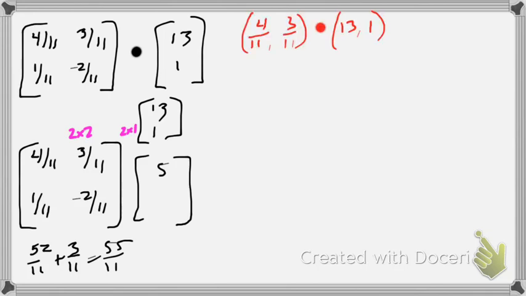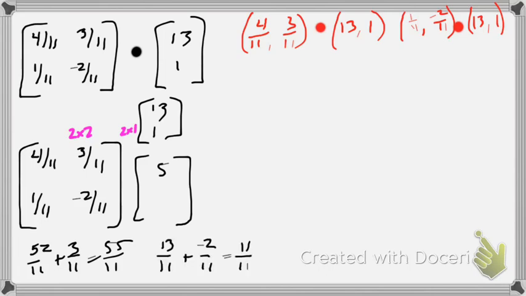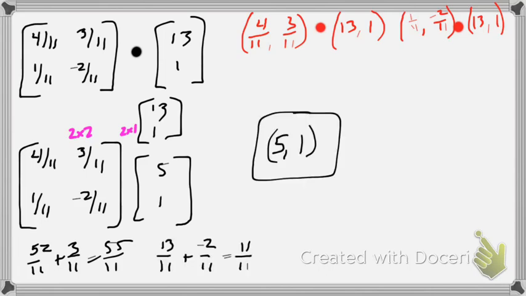Okay, so the dot product, if you want to see it, was that, up in the red. The second dot product is 1/11, negative 2/11, dot 13, 1. And that ends up being 1. So your solution is 5, 1.